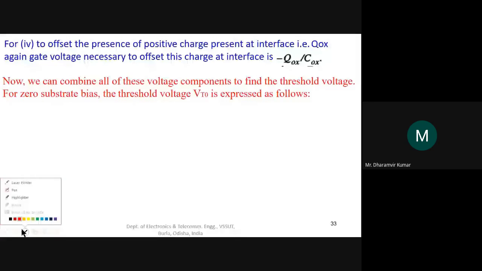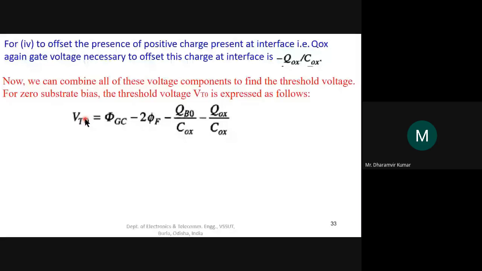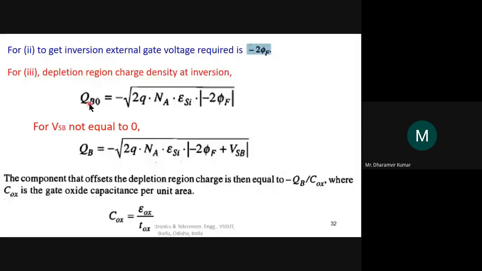Combining all these equations will give me an equation, let's say this is Vt0, the threshold voltage. Remember what was the first point? Phi GC. Then the second was QB0. QB0 is when VSB equals 0, and QB is when VSB is not equal to 0.